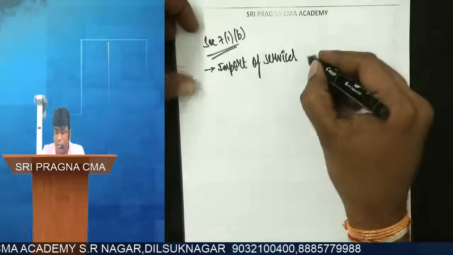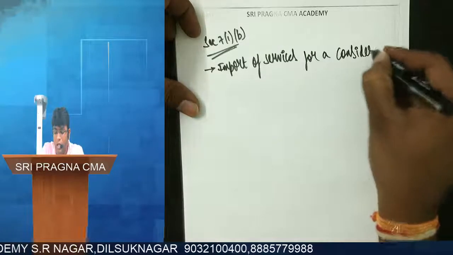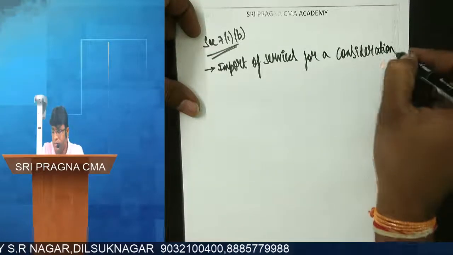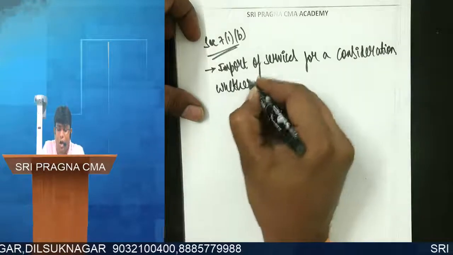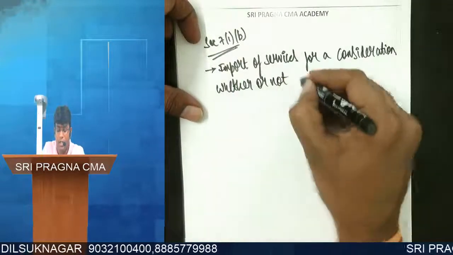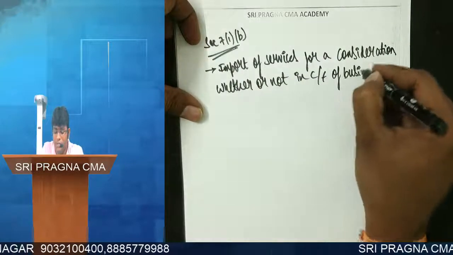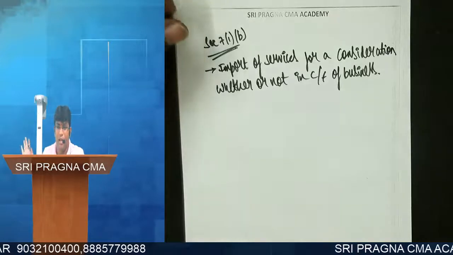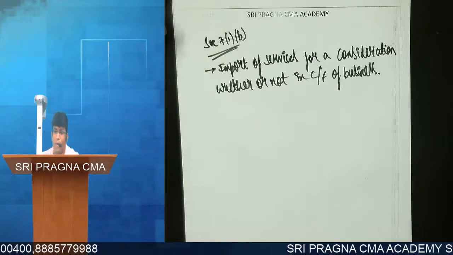Import of services for a consideration is there here also, whether or not in course or furtherance of business. It is not carried forward, course or furtherance of business. What does that mean?